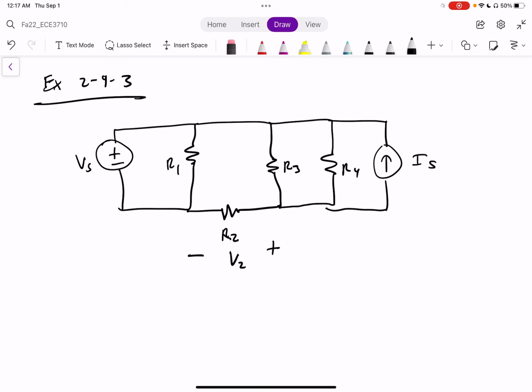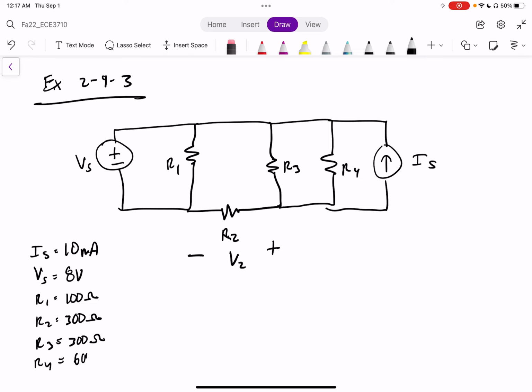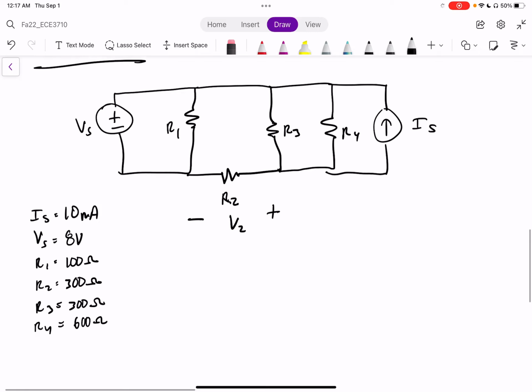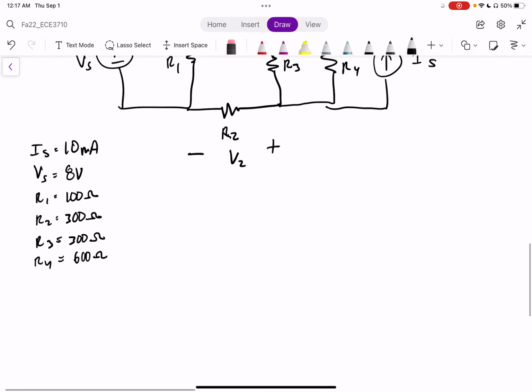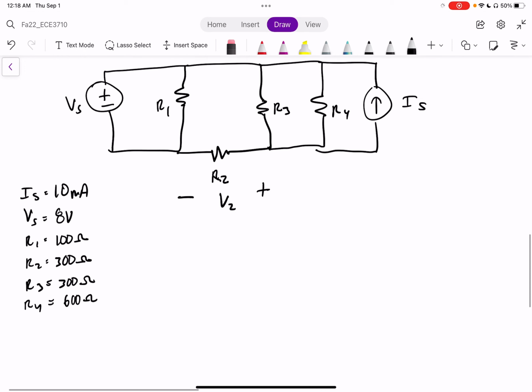And we are told that Vs is equal to 8 volts, Is is equal to 10 milliamps, R1 is equal to 100 ohms, R2 is equal to 300 ohms, R3 is equal to 300 ohms, and R4 is equal to 600 ohms. So, again, this is example problem 293. So, with that being said, I would like to know, question, what is V2?